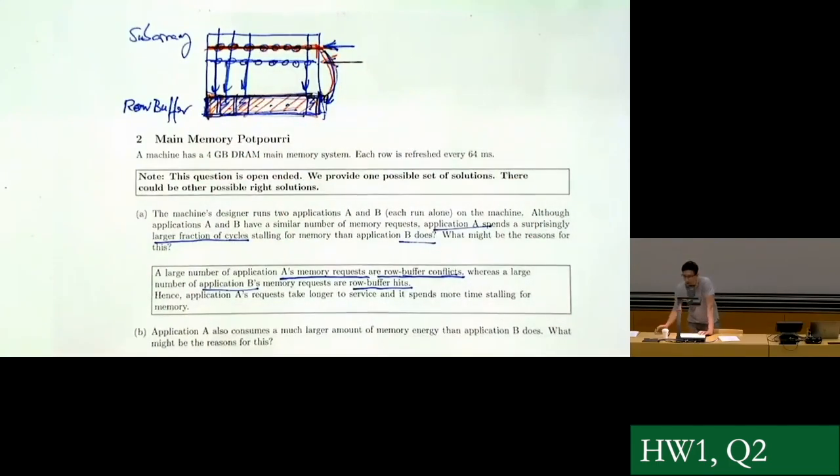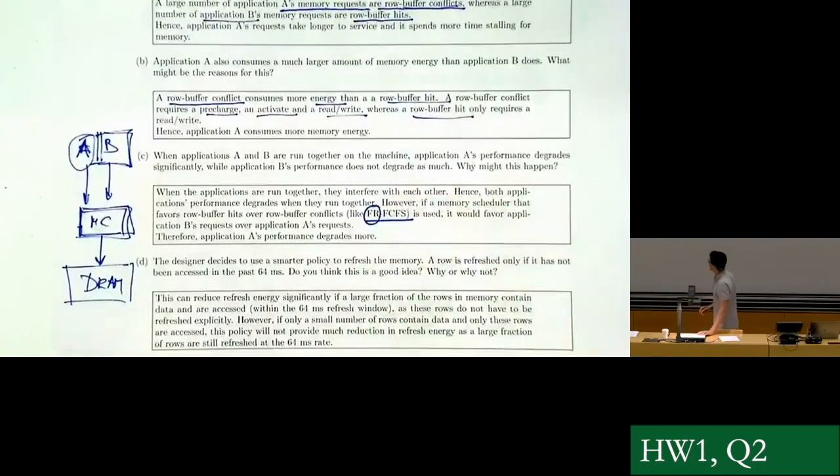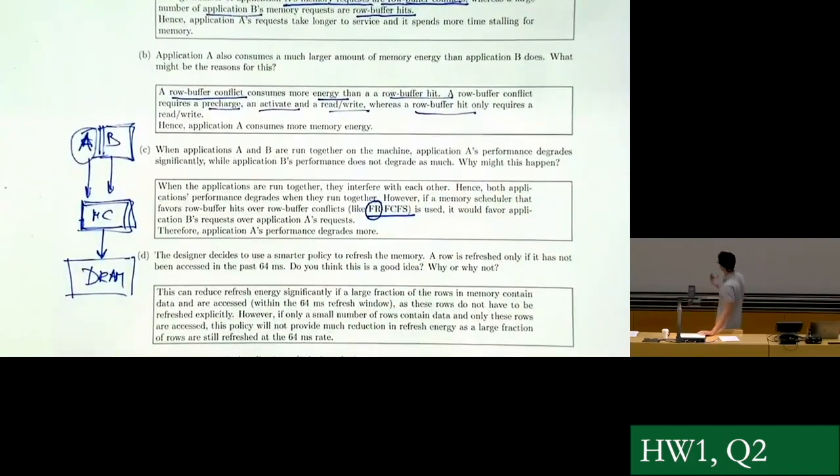There's not enough time to have charge leakage. So that's the reasoning behind this smarter policy. It says a row is refreshed only if it has not been accessed in the past 64 milliseconds. What do you think? Do you think this is a good idea?